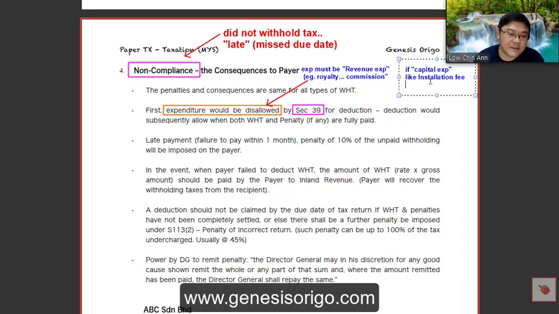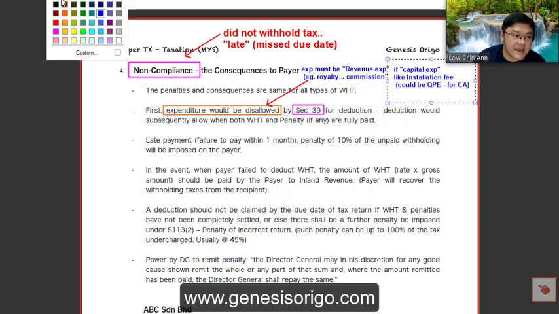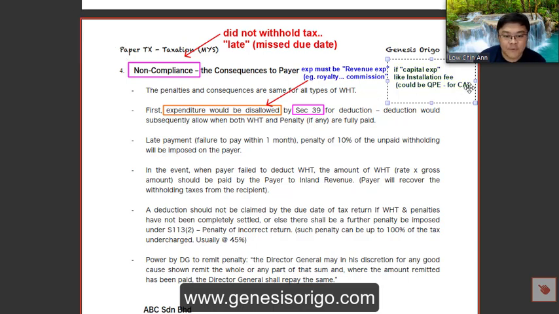But this installation fee could be qualifying plant expenditure for CA purposes. Because of the same problem that you never complied with withholding tax, we also disqualify it as qualifying plant expenditure.